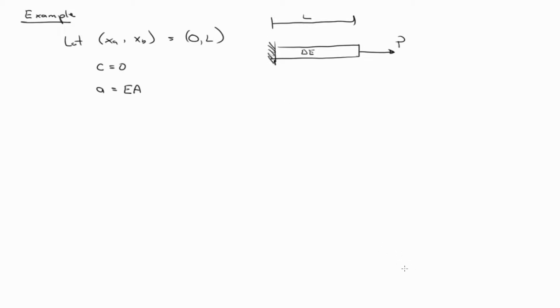All right. So Kij in that case goes from 0 to L, we have ei dni dx dnj dx dx.